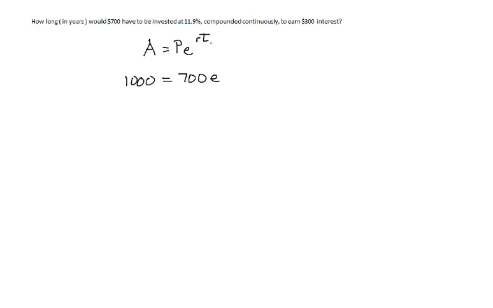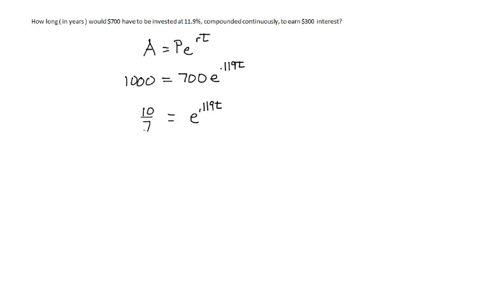And we're trying to solve for time, so we're going to have 0.119 T. And the first thing I'm going to do is divide both sides by 700. So I have 10 divided by 7 is equal to e to the 0.119 T.